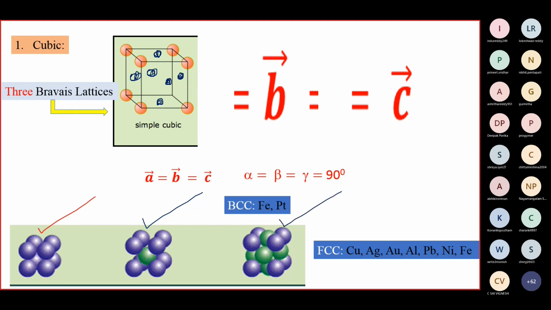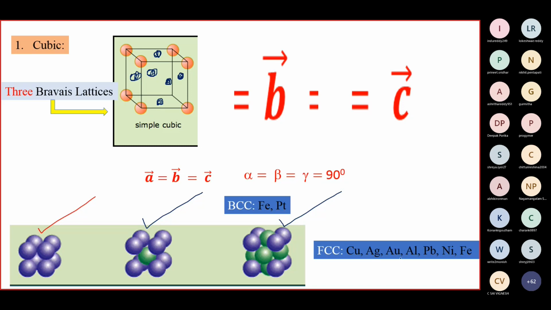So in this unit cell, we have 8 atoms at the corners and 6 atoms at the center of the faces. For FCC, examples are copper, gold, silver, lead, nickel, and also iron.